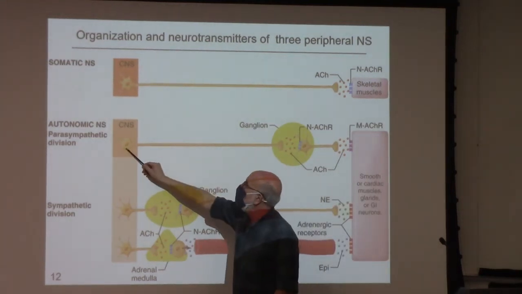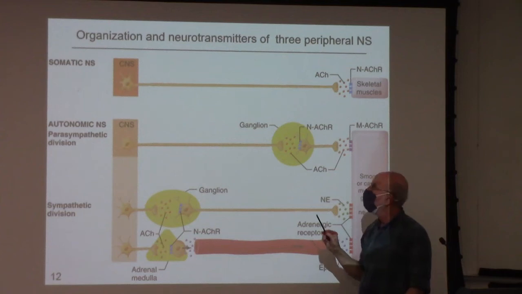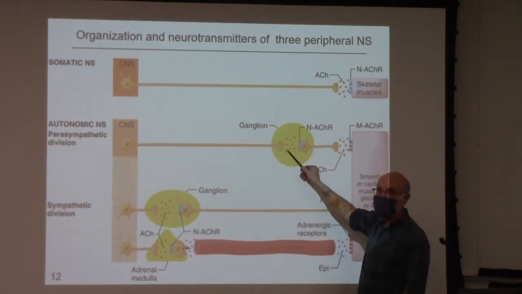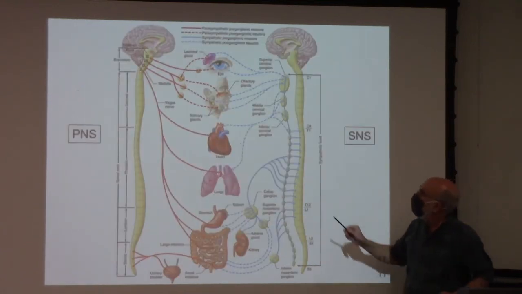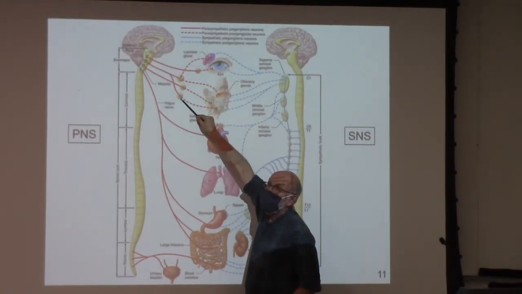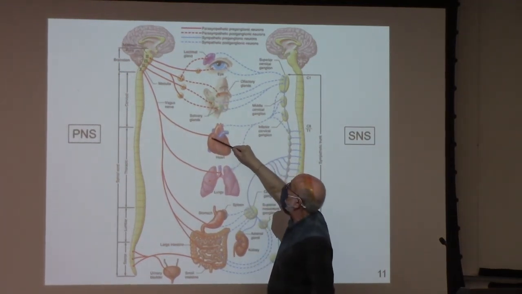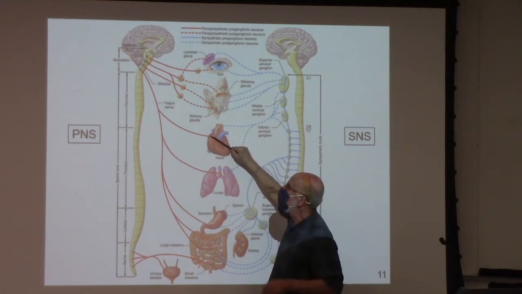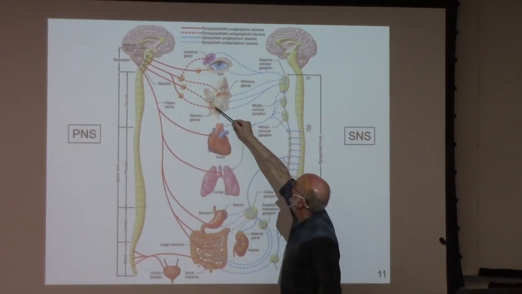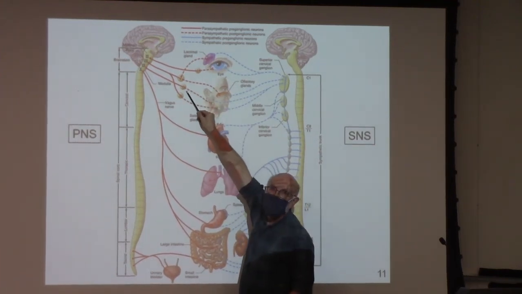The first synapse of the parasympathetic nervous system is in ganglia near the target organ. This is a synapse in the heart, not on the heart muscle yet, in the cardiac ganglia. This is a synapse in the salivary ganglia.